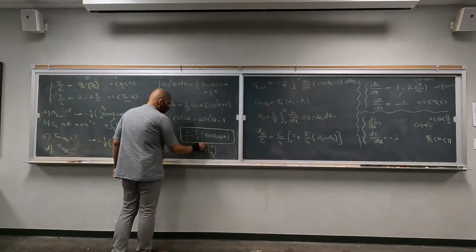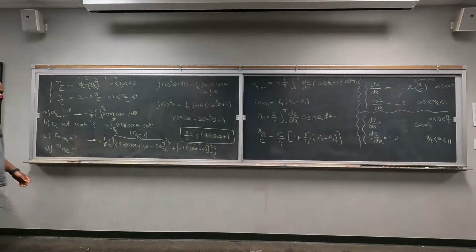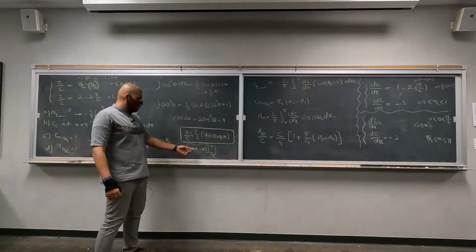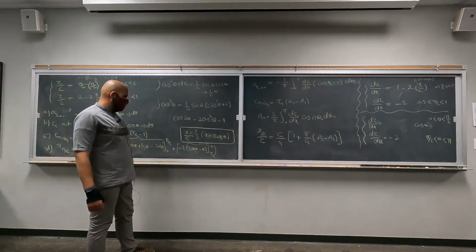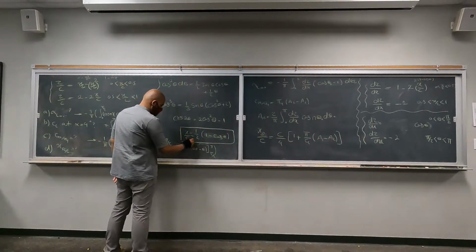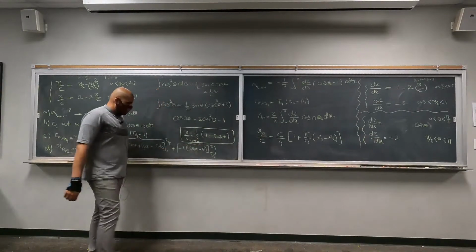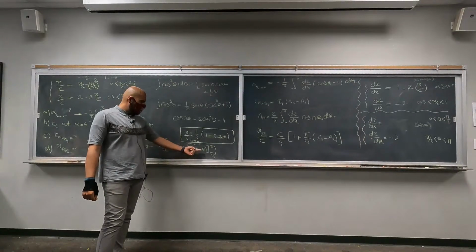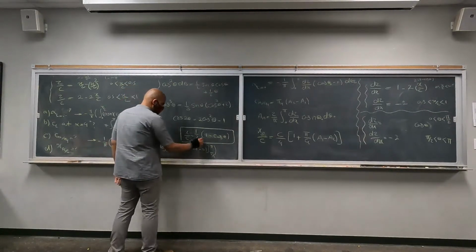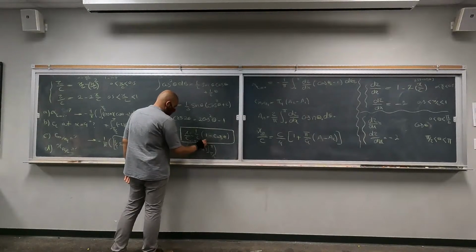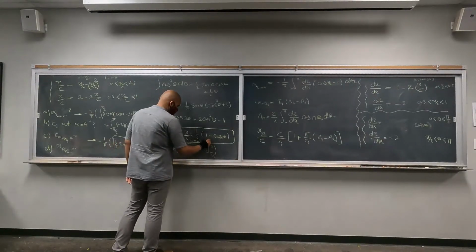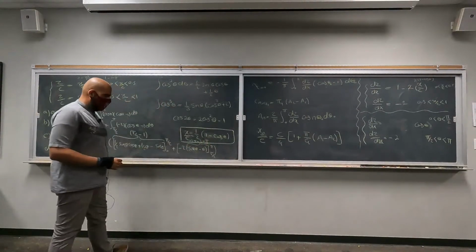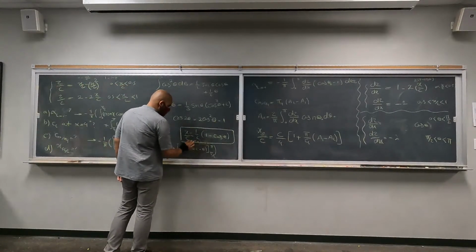And this one, we want to plug in pi over 2 and pi. If you plug in pi, you're going to get 1 minus pi, right? 0 minus pi. So let's do negative 2 pi. If you plug in pi over 2, this is going to become 1 minus pi over 2. So negative 2 plus pi, which means that we are going to end up with 3 pi minus 2.